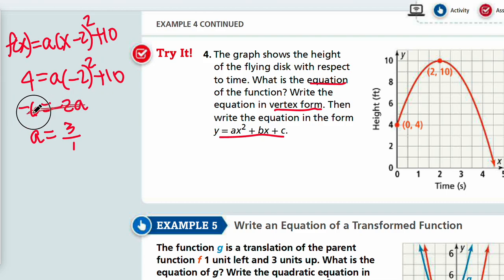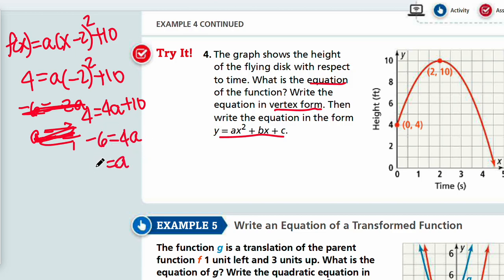So I need to do this again. Negative 2 squared is positive 4. Sorry. And plus 10 is equal to 4. And then minus 10 again. Negative 6 is equal to positive 4a. And so a is negative 6 divided by 4, which is negative 3 over 2. There we go. Okay, that looks more like it.